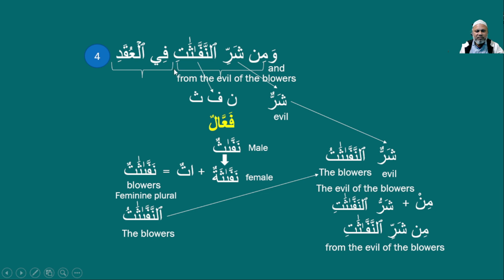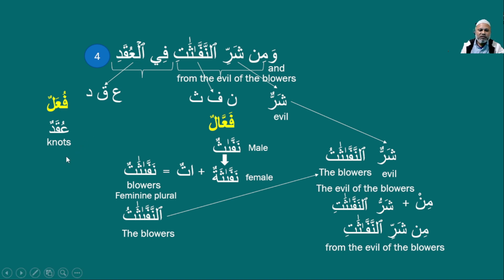Now the last part, fil-uqadi. Al-uqadi comes from three root letters, ain, qaf and dal, and it follows the pattern fu'alun. If we replace it, we get uqadun, knots. Uqadun means knots, a type of something that is made on a rope to do some magic.